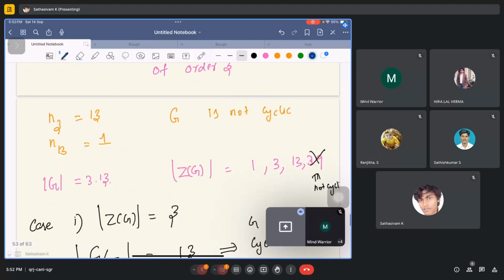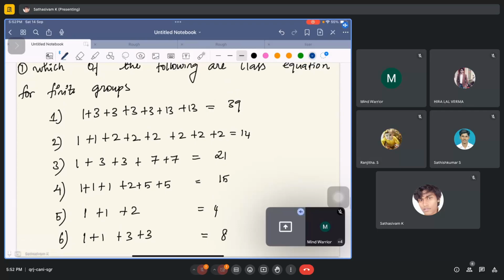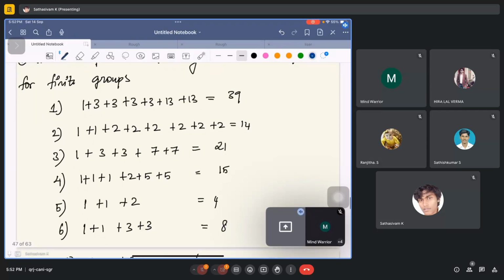There are so many problems I have written here. Some of them require different ideas, but more or less you can do it this way.